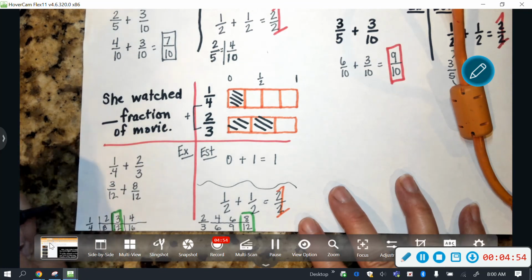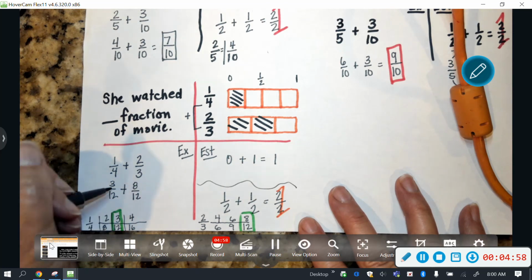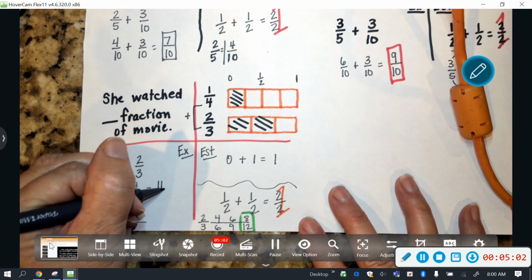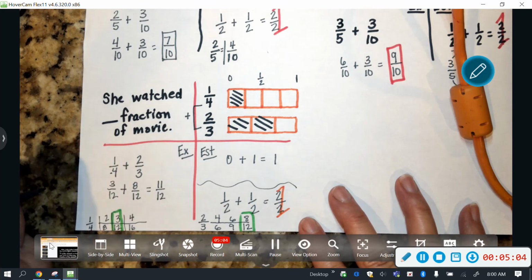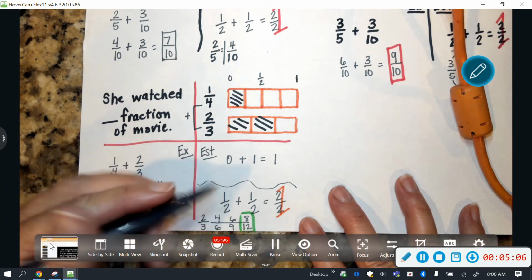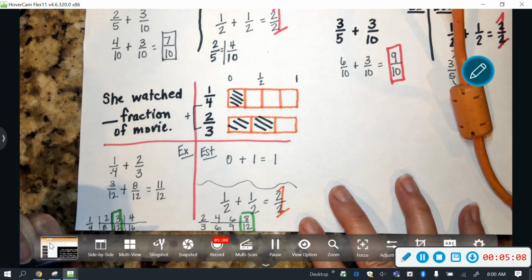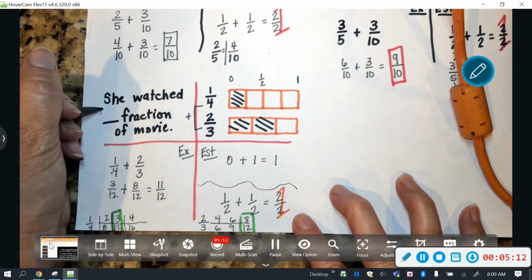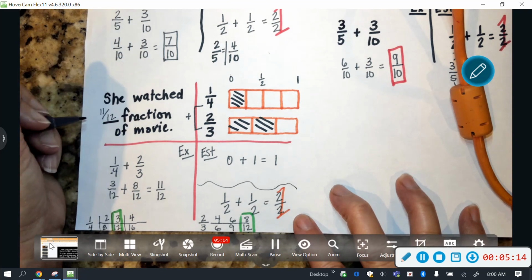Now that I have common denominators, I can quickly put these 2 fractions together. So 3/12 plus 8/12 is 11/12. And is 11/12 close to our estimated answer of 1 whole? It is. So she watched 11/12 of the movie.